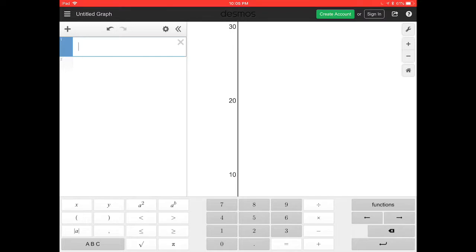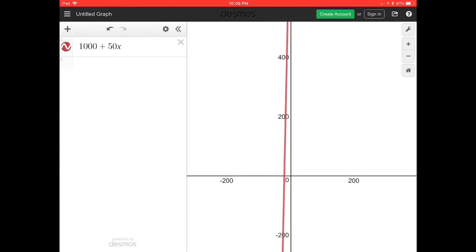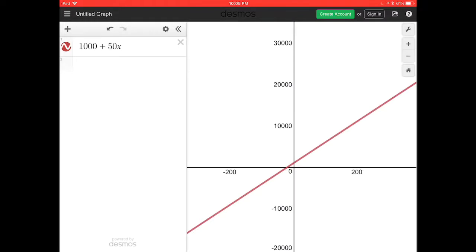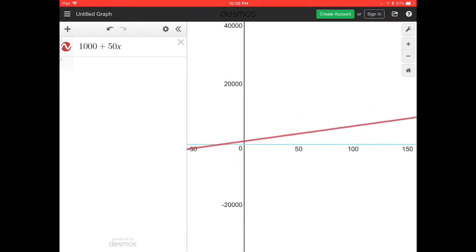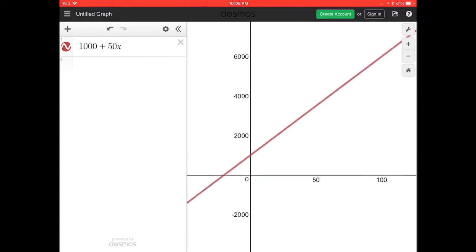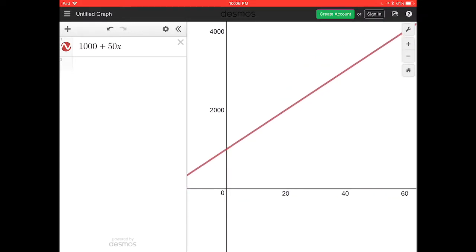So our first function is going to be 1,000 plus 50 times x. Notice that we might have to change our axes a little bit on Desmos. So here we want to zoom in on the interval that we care about, which is between 0 and 40 years.